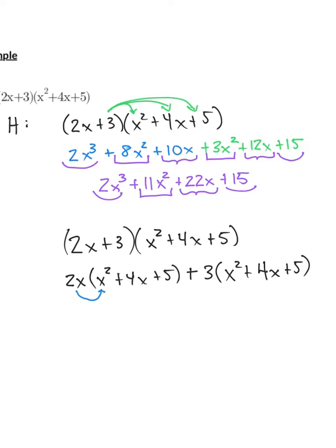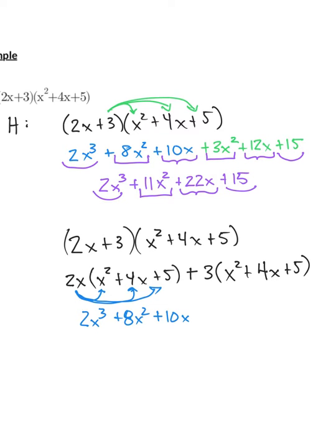2x times x squared gives me 2x cubed. 2x times 4x gives me 8x squared, and 2x times 5 gives me 10x. Note that that's exactly what we got up at the top.